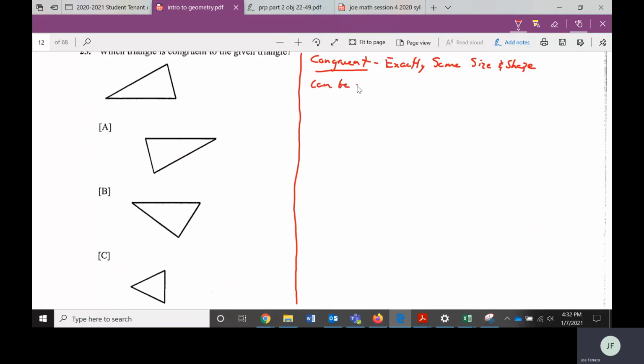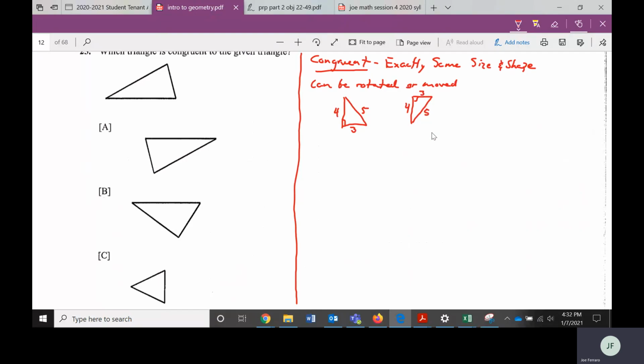They can be rotated or slid around or moved. That's okay as long as they're the exact same size. So example would be, if we had, excuse my drawing, it doesn't look very good, if we had something like that, it might not look exactly right, but that's why I'm drawing numbers in here.